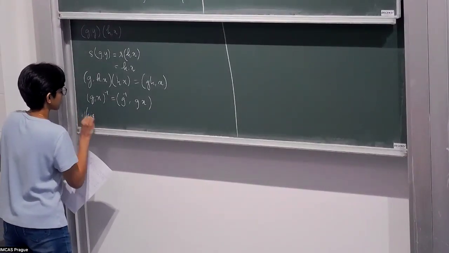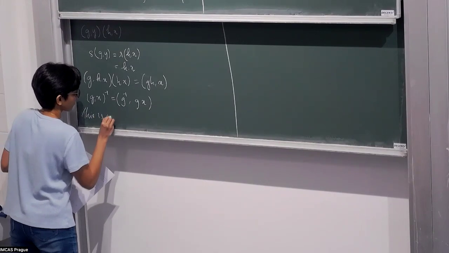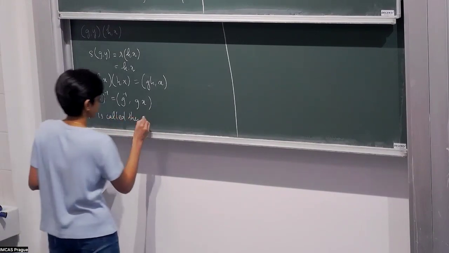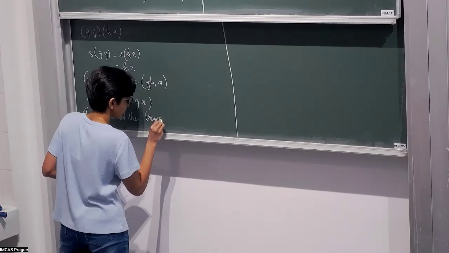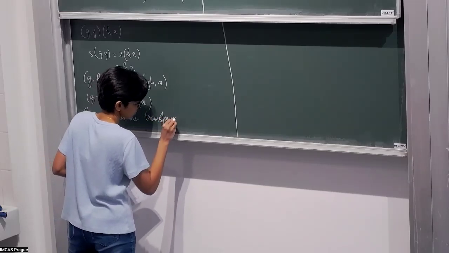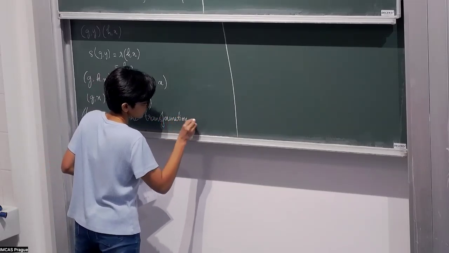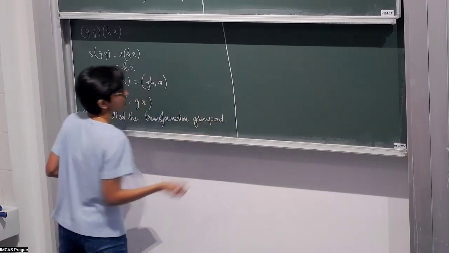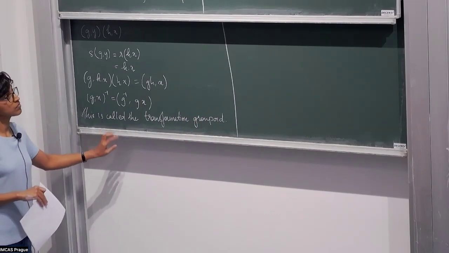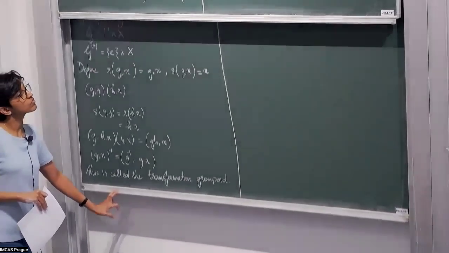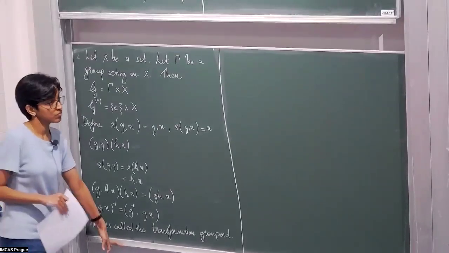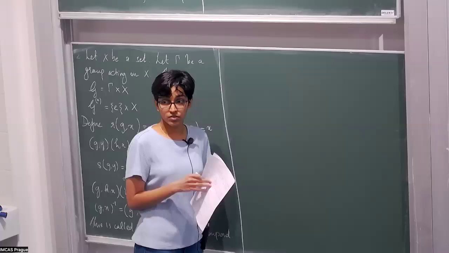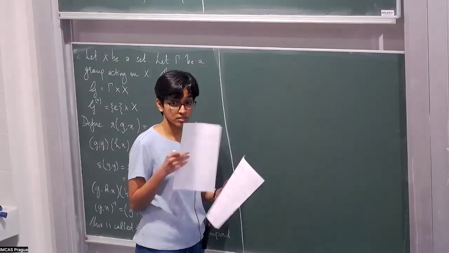This is called the transformation groupoid. So if anyone has any doubts at this point, then please.